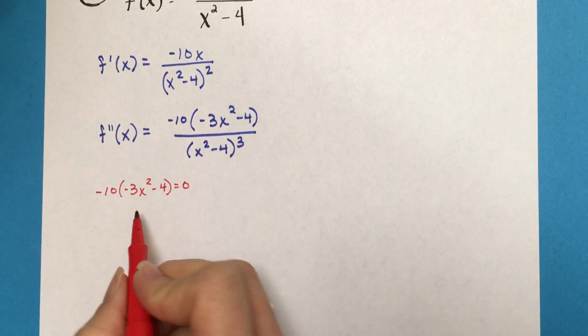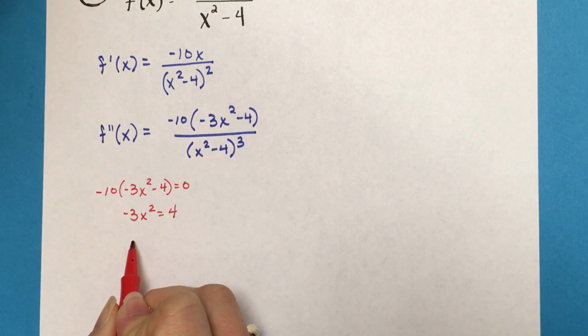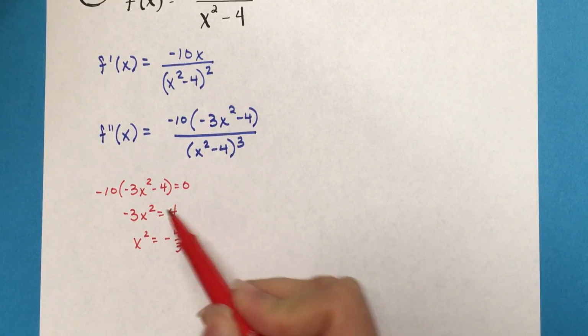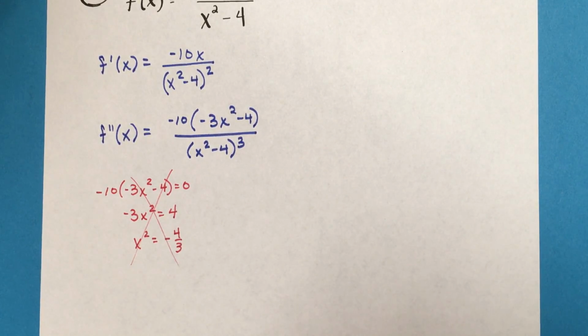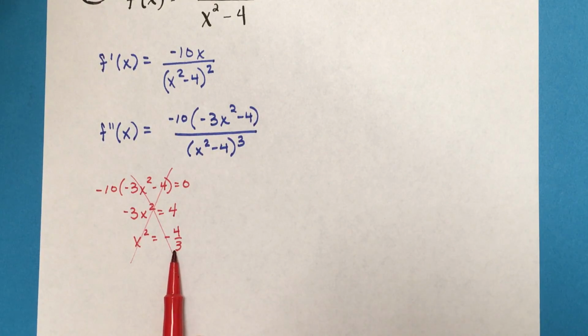I'm going to go ahead and add the 4, so negative 3x squared is equal to 4. So x squared would be equal to negative 4/3. There's really not any need for you to go any further with it, because your next step is going to involve taking the square root of a negative, which is going to be imaginary. So you can just go ahead and stop right there. You're not going to get anything from that.